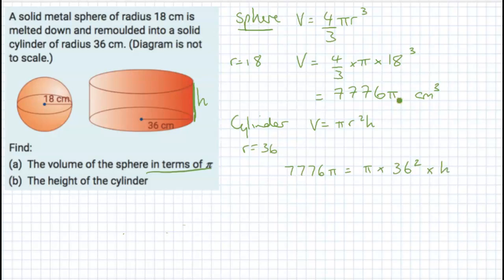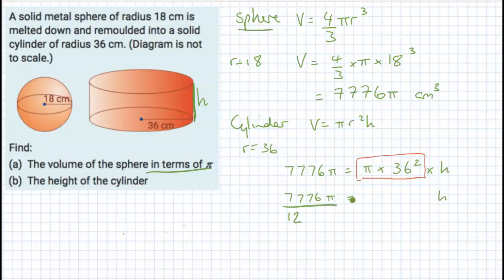As I said to you, we don't know what the value of h is, but now we do that reverse process where we're going to do 7,776 pi, and we want to divide it by effectively what we have here. So this section here is just a multiplier of h. That works out as 1,296 pi.